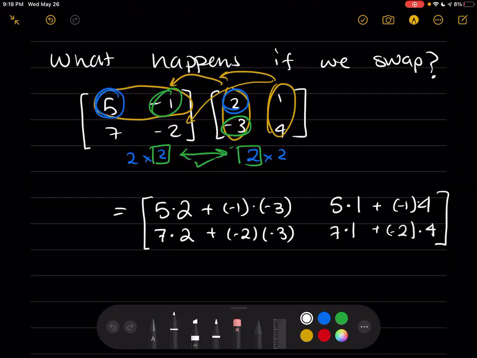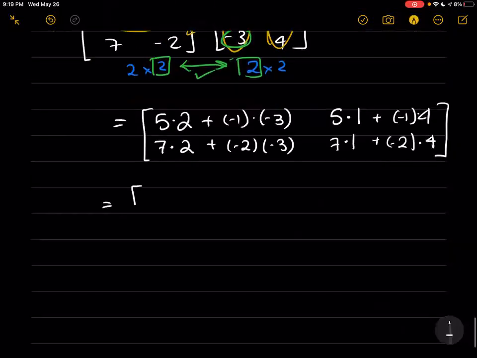Okay. So now if we take a look at this, 5 times 2 is going to be 10, and then that's going to be plus 3, so that's 13. And then in the entry below that, we get 7 times 2 is 14, plus -2 times -3 is going to be positive 6.